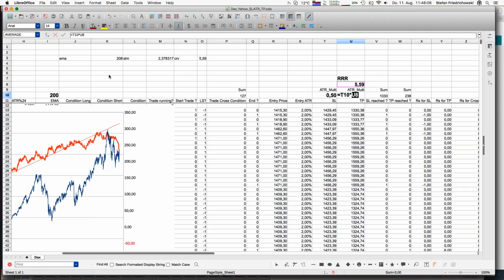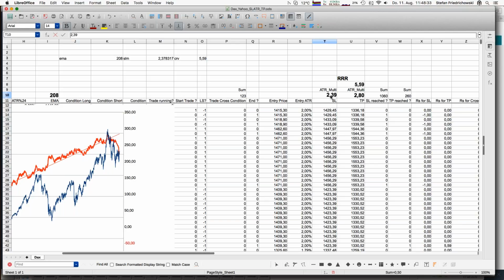And then we can use those values we have calculated. So we need an EMA of 208 and a stop loss multiplier for the ATR of 2.39. And then we are done.